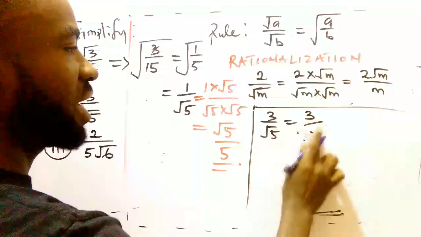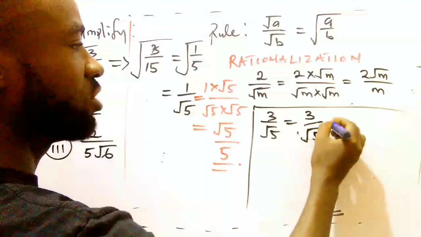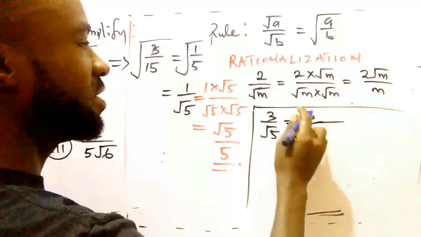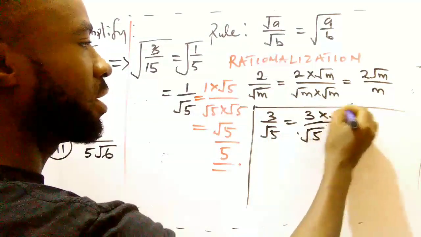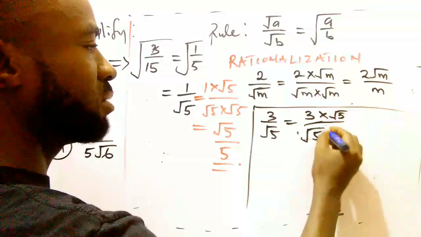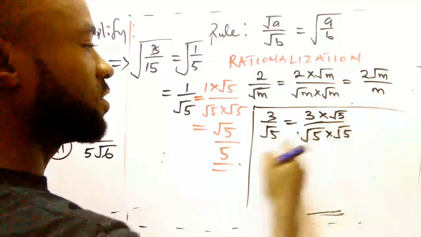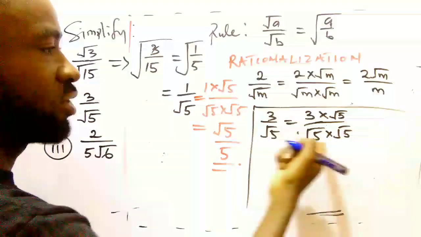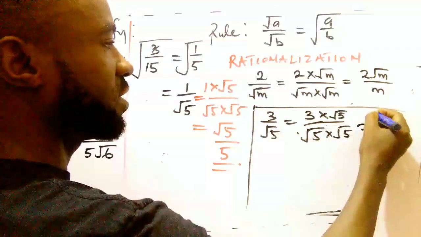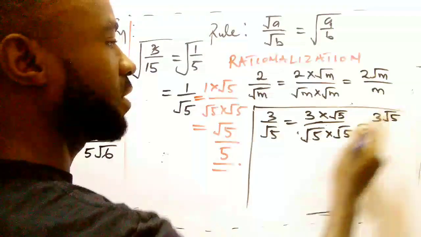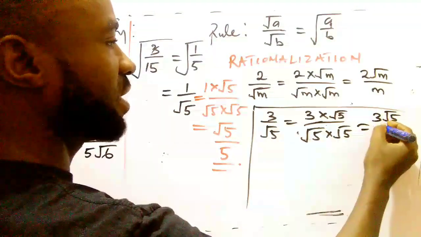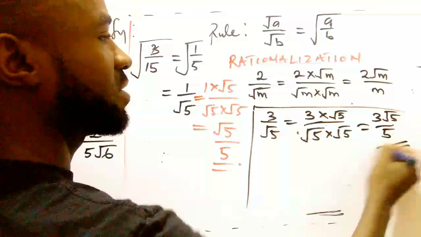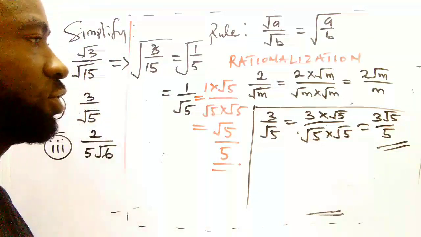Remember, I said that to rationalize simply means that you should use the surd at the denominator and multiply both numerator and denominator. That's what we are doing here. So 3 times this, 3 root 5. Root 5 times root 5, that is 5. And this is my solution.